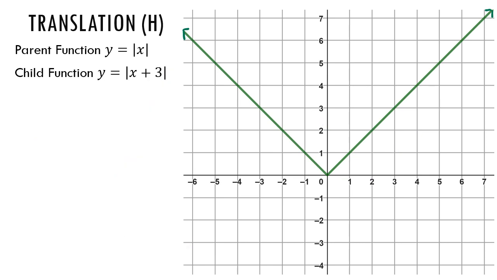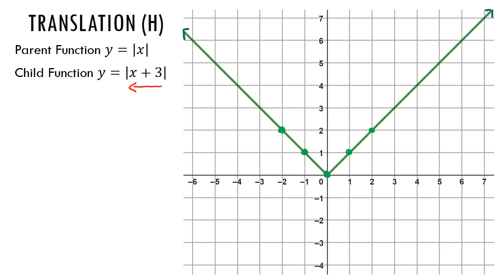So if it's x minus 2 moves to the right, then we know if it's x plus 2, it should go in the other direction. So as a visual example, if I have a point here, I'll just mark them in green here, here, here, here, and here. Well, now, since it's x plus 3, I'm going in the other direction. I'm going to go to the left 3 units.